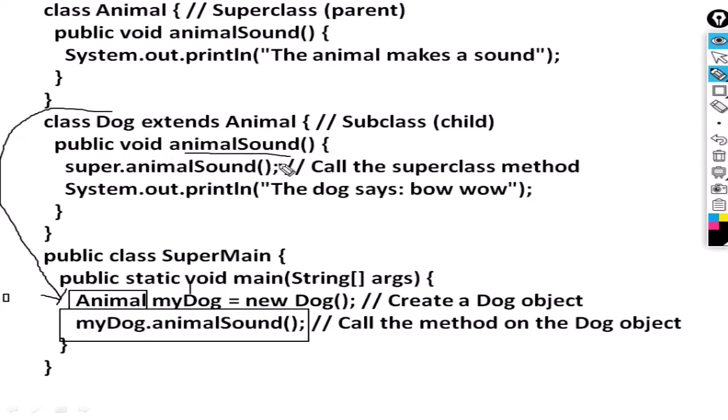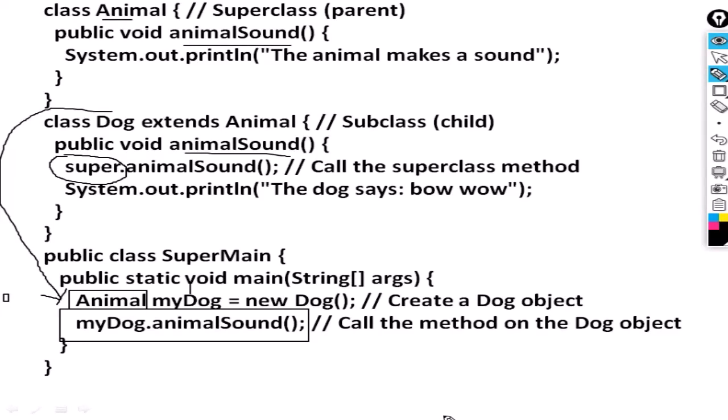After going to this method, we are going to invoke the method called animal sound, which is in the superclass Animal. For that, how does it identify? It has to go again in this method, by mentioning the keyword super. Once you mention the keyword super, it identifies that the method is in the superclass, not in the subclass.